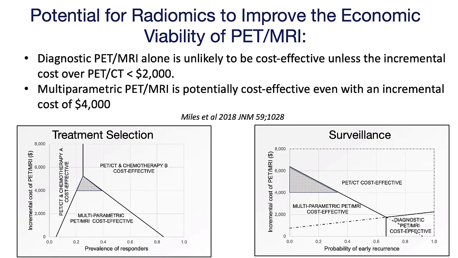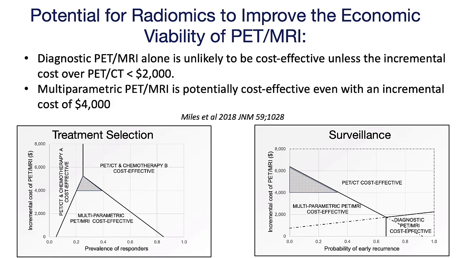And again, by using modelling, it's possible to show that using PET MRI radiomics in this way has the potential to convert PET MRI from being cost ineffective to being cost effective. Currently it is estimated that for PET MRI to be used for diagnosis alone, it is unlikely to be cost effective unless the incremental cost over PET CT is less than $2,000.